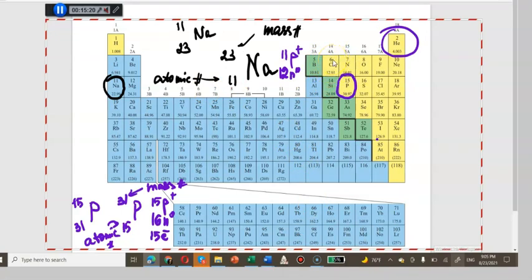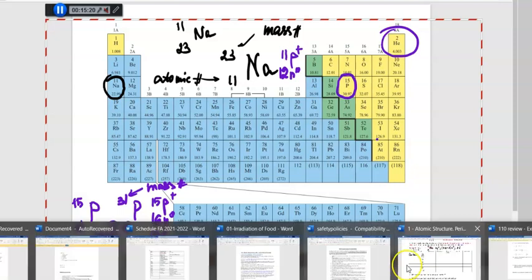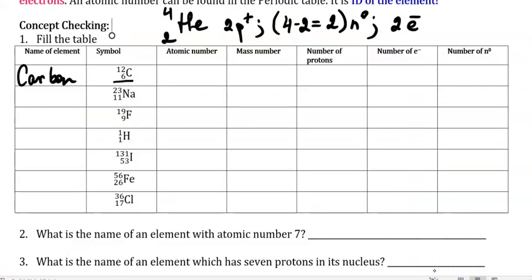So 6, the smaller one will be atomic number, and the bigger one will be mass number. So we're going here and put this information. So atomic number is 6, mass number is 12, and we know that the number of protons, we can write it down here, number of protons equals atomic number. So atomic number is 6, that means that number of protons is 6 too.